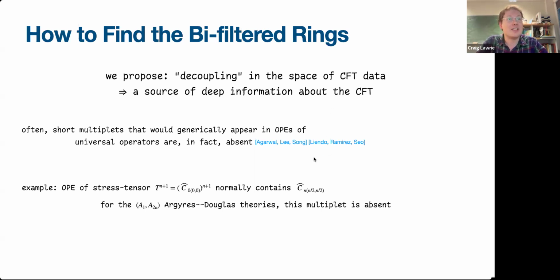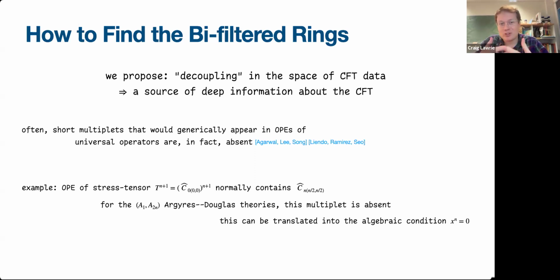It's not there, as explained by these guys here. And you could translate this into an algebraic condition, which unfortunately I introduced a typo in. Of course, it should be n plus 1 here, which is that x, you could just rephrase this by saying x to the n plus 1 is equal to 0. And indeed, that will be the source of how we come up with the polynomials that define this bifiltered ring.